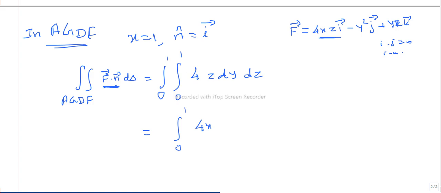If you integrate with respect to y, we get 4z times y, and then substituting the upper and lower limits, you get 1. Then the integration of 4z is 4 times z square by 2, so we have 2z square, and substituting the upper limit and lower limit, we get 2 times 1 minus 0. Therefore, the surface integral of this face AGDF is 2.